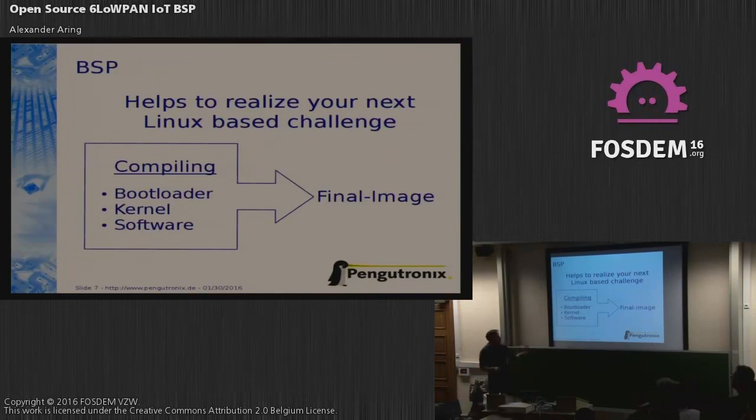Simply check out the Git repository for the Vplan kit, then type some shell commands, and at the end a final image will be produced, and you can flash it on your SD card. It runs everything: the bootloader, the kernel with special 6LoWPAN enabled features, and user-space software which is needed for 6LoWPAN and IPv6 stuff.